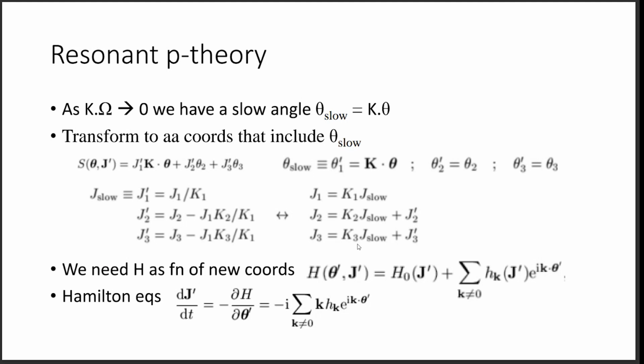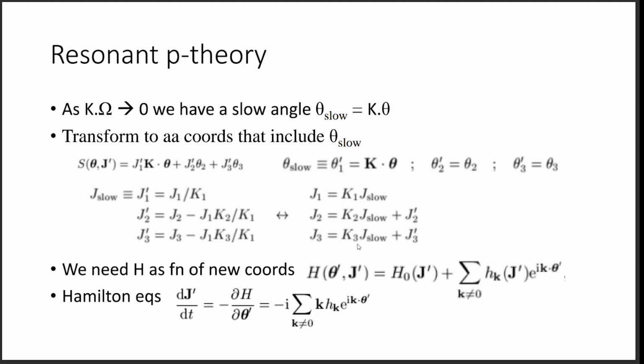Then in order to find the first primed angle variable, I differentiate this with respect to J1 primed. And what do I discover? I find that theta 1 primed is equal to this, because the only place that J1 primed occurs is here. So I differentiate it away, and I find that theta 1 primed is equal to K dot theta. So that's good.